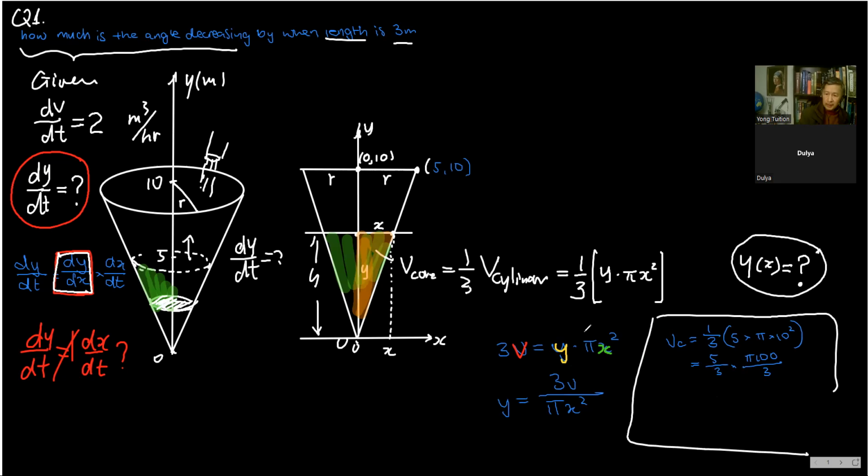Can you see this volume at any time? That volume is a special number when y equals 10, x equals 5. That is a special value. It's constant.